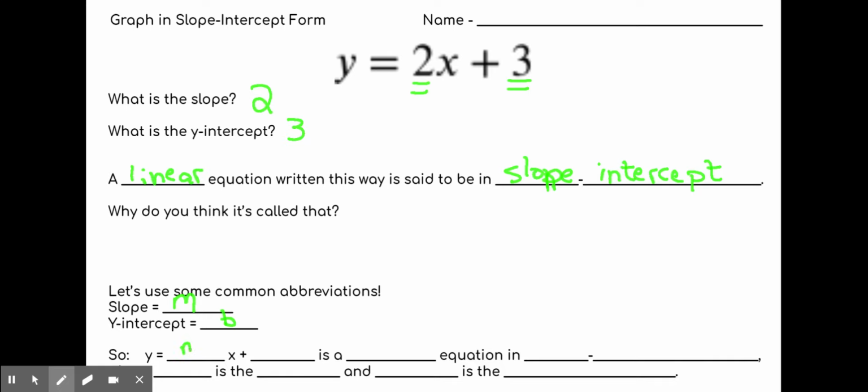So y equals mx plus b is a linear equation in slope-intercept form, where m is the slope and b is the y-intercept. And if we have those two pieces of information, we can graph a line that's in slope-intercept form.